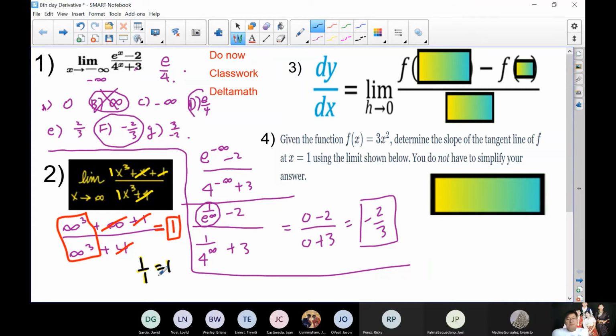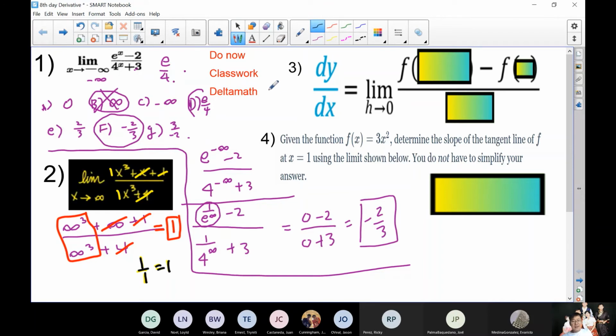Next one. We started derivative, right? This is a derivative symbol. Y change over X change, right? You remember this. We call it Y derivative, or Y prime, or F prime X. They're all the same thing.